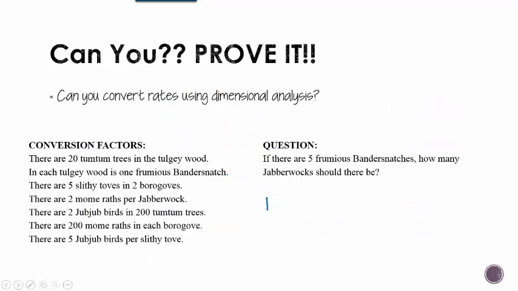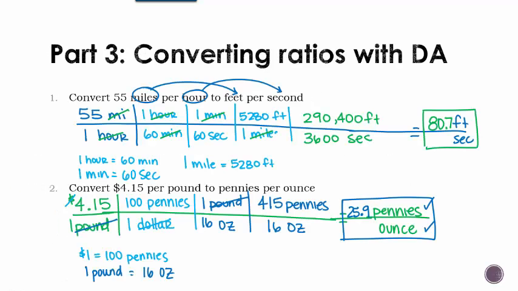So I'm leaving you one to do, and this one is quite difficult, but I want you to give it a try. Your question asks you, if there are 5 Firminus Bandersnatches, how many Jabberwocks should there be? Here are your conversion factors. So like these things that I was giving you here, now they're here.